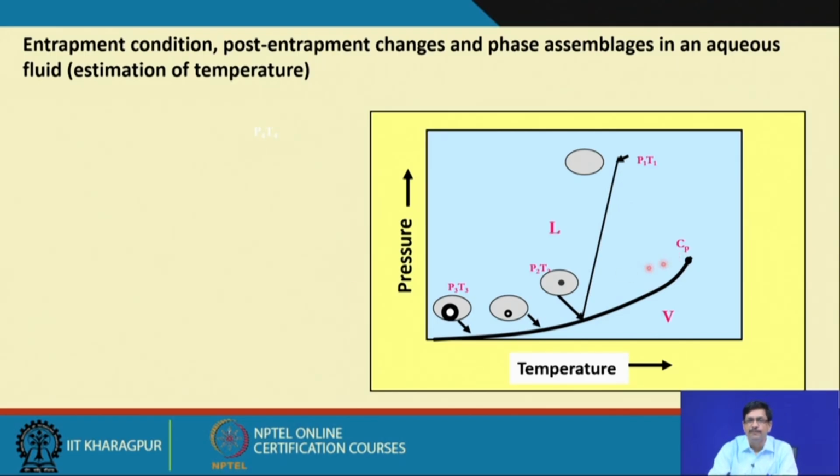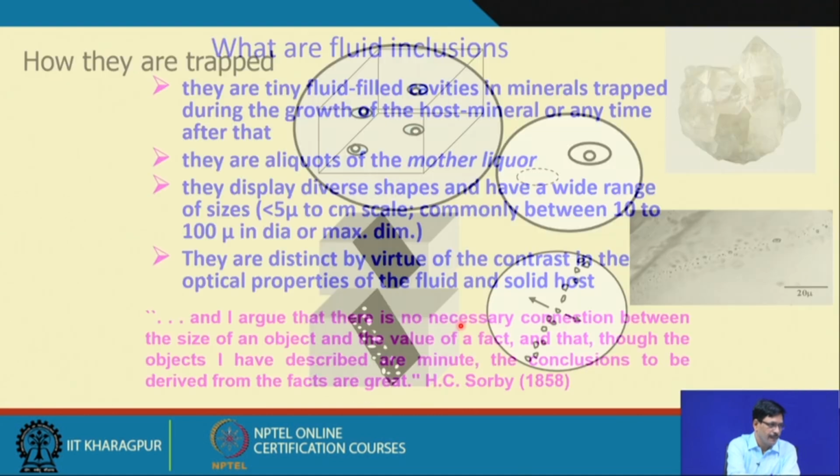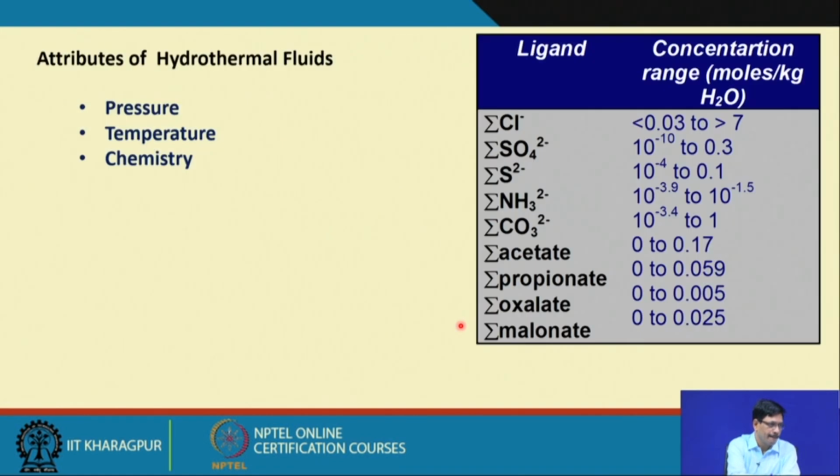This is a very simple diagram, but crustal fluid is a very complex mixture. If we see this table, it gives us some idea about the general chemical characteristics of hydrothermal fluid.